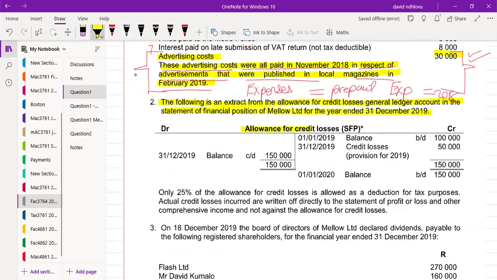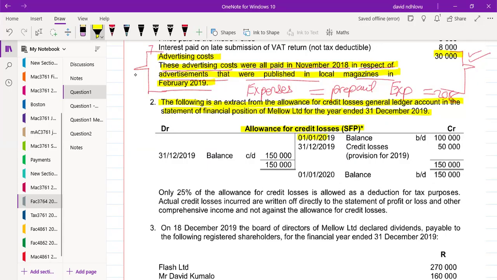So this is allowance for credit losses. Allowance for credit losses is a provision, good people. What is a provision? A provision is a liability of uncertain timing and amount. But more importantly, a provision is a liability.